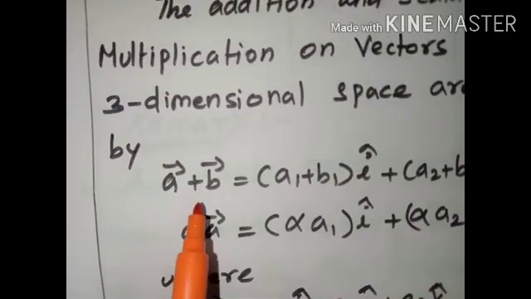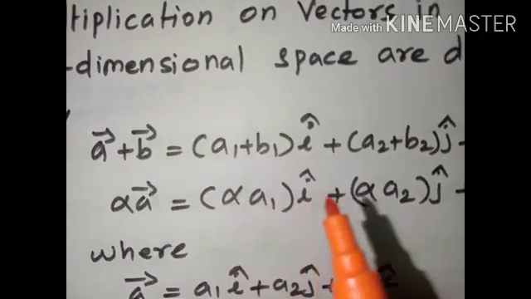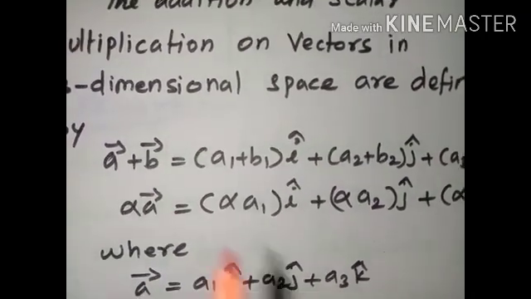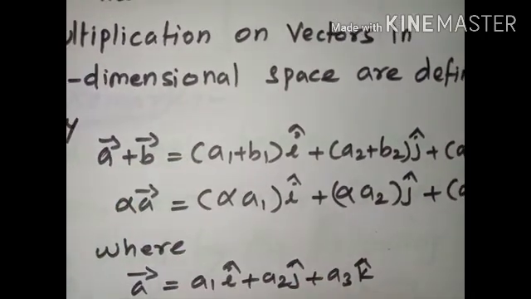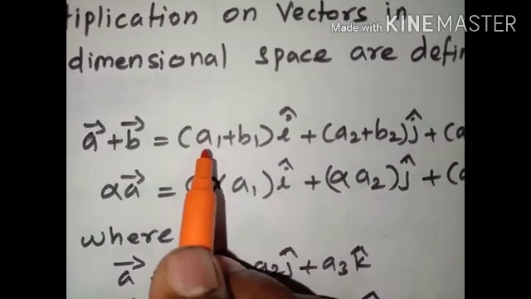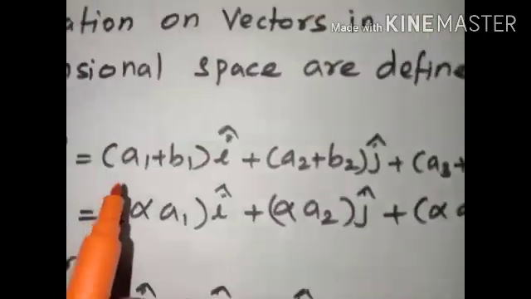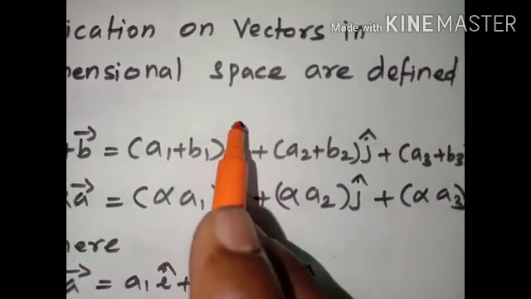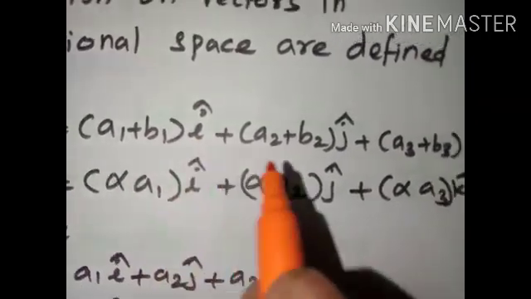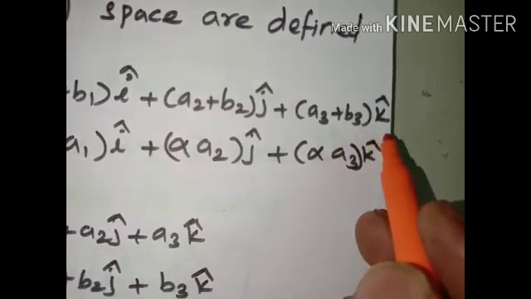A vector plus B vector, where A vector equals A1 i plus A2 j plus A3 k and B vector equals B1 i plus B2 j plus B3 k. Taking the common i cap, A1 plus B1 into i cap, plus A2 plus B2 into j cap, plus A3 plus B3 into k cap.